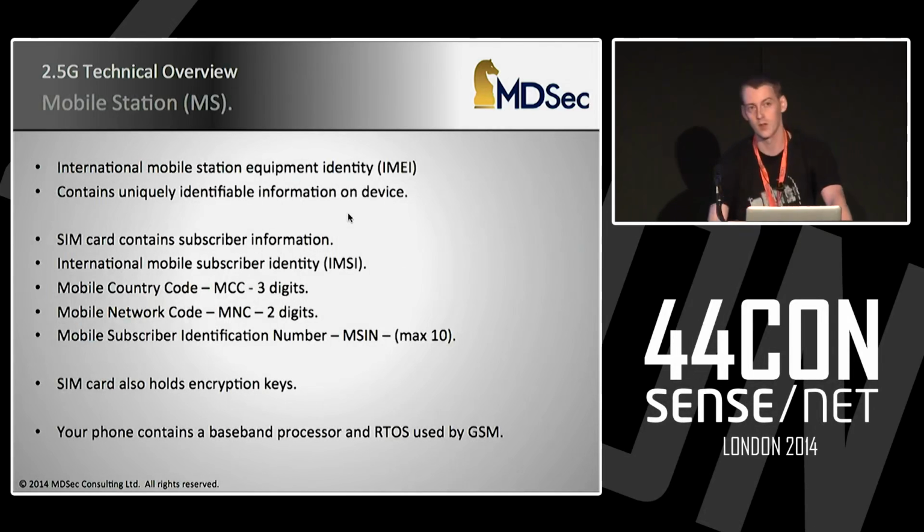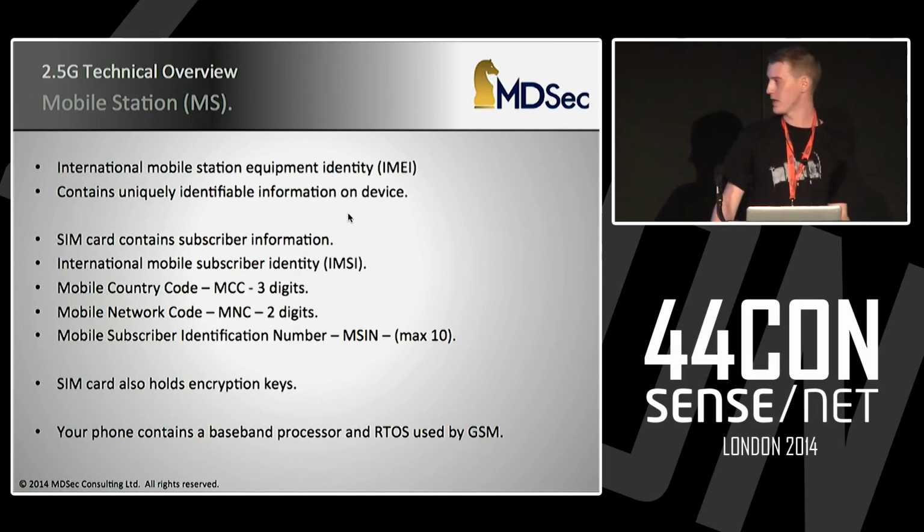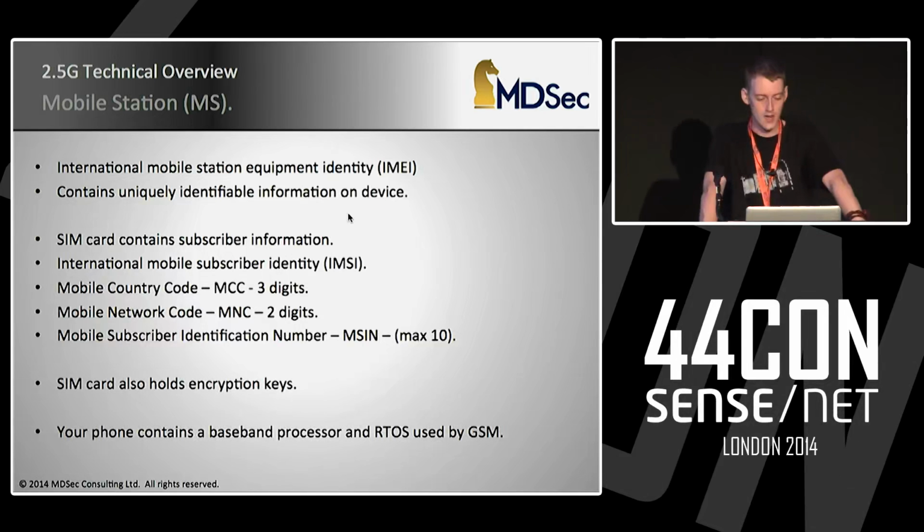So a mobile station, which is your typical cell phone, has an International Mobile Station Equipment Identity, otherwise known as an IMEI, and that contains uniquely identifiable information on your device. You also have a SIM card, which contains your subscriber information. Your SIM card contains what's known as an IMSI, or International Mobile Subscriber Identity.